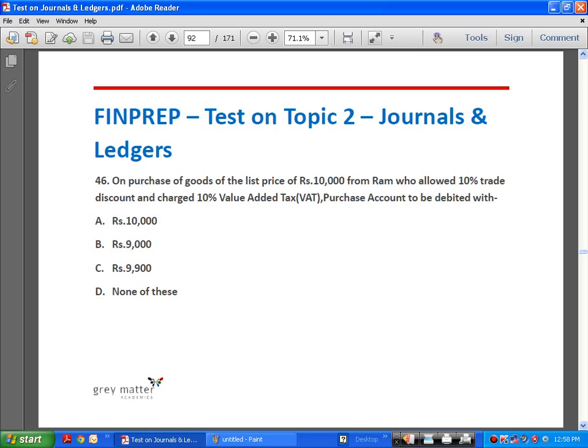So we apply 10% on the list price and we get 1,000 rupees as a trade discount, which means the cost of purchases is 9,000 rupees, on which a value added tax of 10% is added. Okay? So 10% of 9,000 is 900, and so the total cost of our purchases is 9,000, which is the basic cost, plus the VAT, which is 900, and so the total cost is 9,900 rupees.